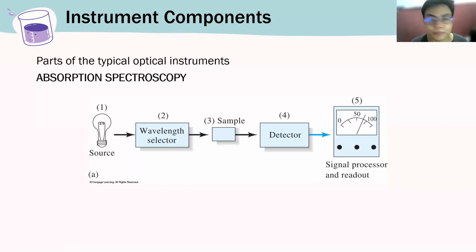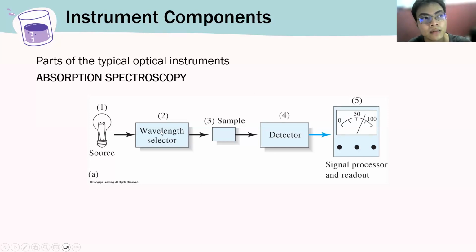But, ganito. In absorption spectroscopy, between your source and the sample, there's a wavelength selector. Bakit may wavelength selector? Well, ang ginagawa namin talaga in real life is we determine at what wavelength will the absorption be maximum. Kasi, di ba, iba-ibang wavelength, iba-ibang energy.